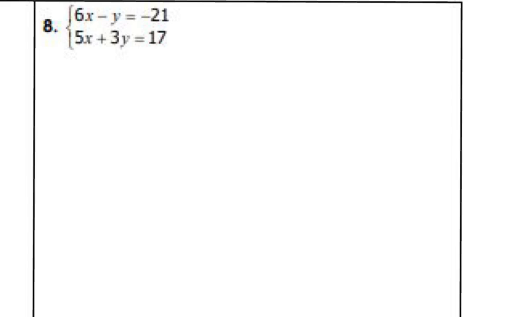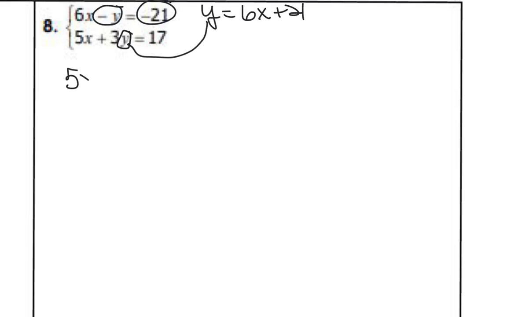All right, I want a positive y, so I'm going to swap places with those two, and I'm going to have y equals 6x plus 21. So now I'm going to substitute it for this y. So 5x plus 3 times y, or 3 times 6x plus 21, equals 17.